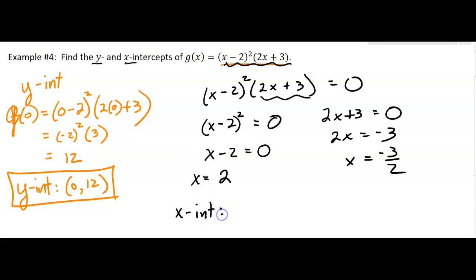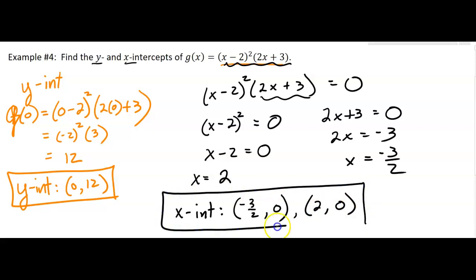X-intercepts, we have 2 of them. One is at negative 3 over 2 comma 0, and the other one is at 2 comma 0. And then those would be the x-intercepts. So it's really handy when they give it to you already factored, because then you can just look at the factors, find the zeros, and you'll have the x-intercepts.